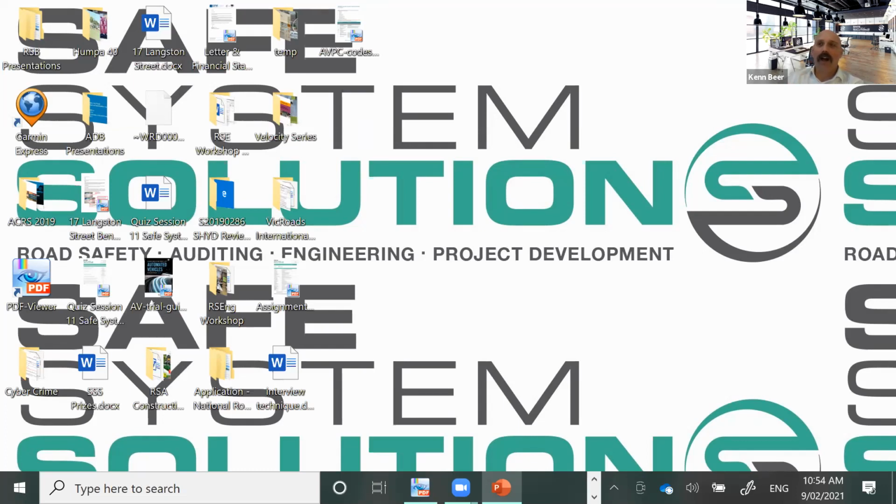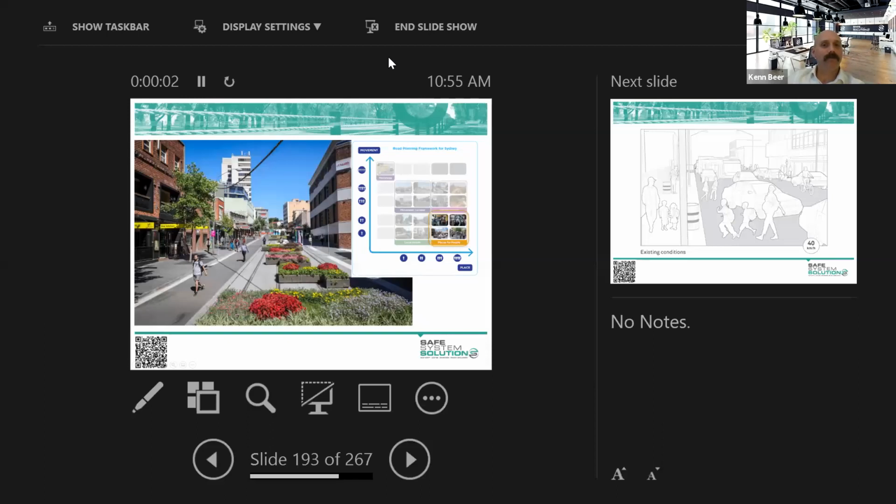I'm not 100% sure whether Queensland accepts a 20 kilometre per hour shared zone. Victoria certainly does. Most jurisdictions seem to only accept a 10 kilometre per hour shared zone. But certainly we've done quite a few 20s, and they seem to work pretty well.